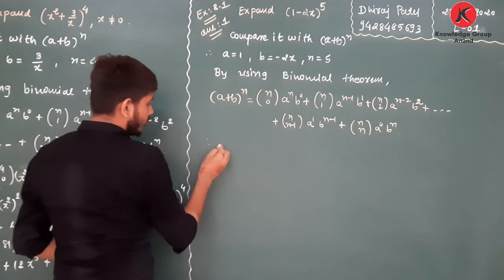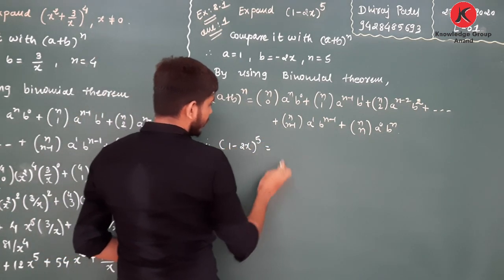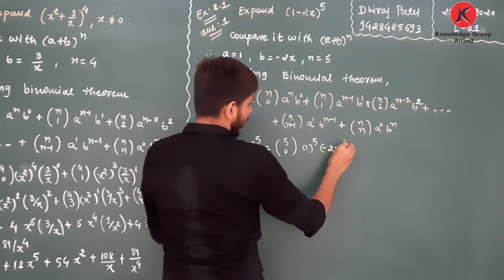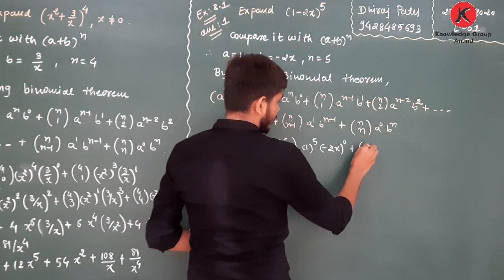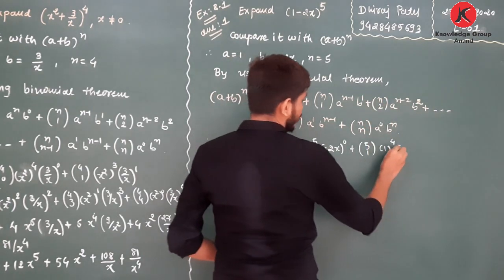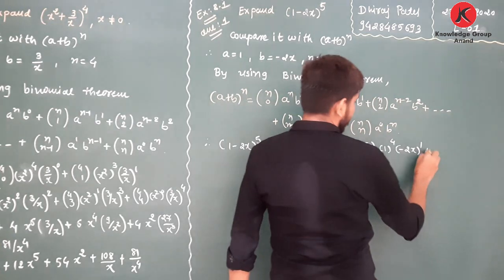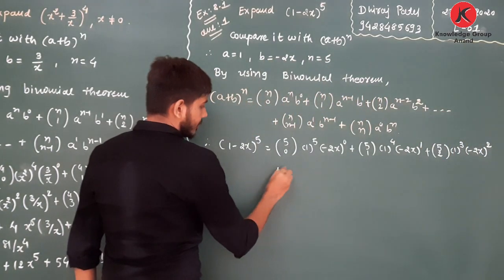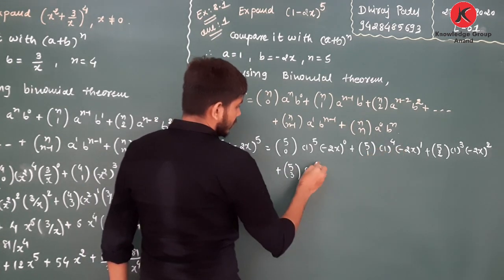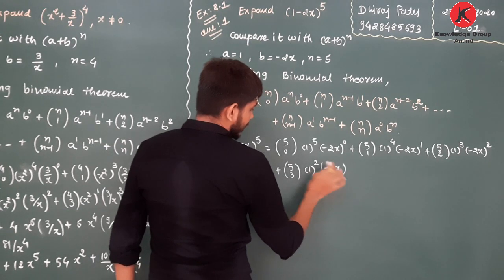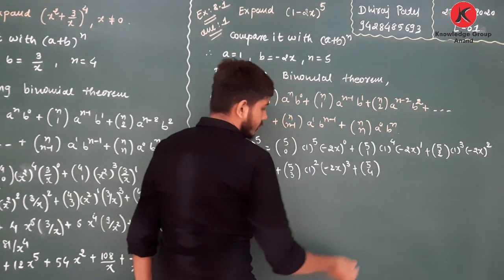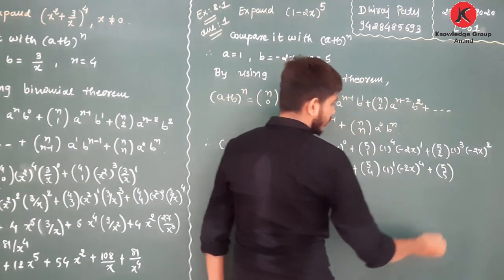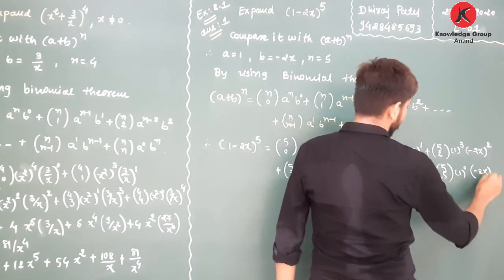Therefore, we are getting (1 minus 2x) raised to 5 equals 5C0, 1 raised to 5 into (minus 2x) raised to 0, plus 5C1, 1 raised to 4 into (minus 2x) raised to 1, plus next step 5C2, 1 raised to 3 (minus 2x) raised to 2, plus 5C3 1 raised to 2 into (minus 2x) raised to 3, plus 5C4 1 raised to 1 into (minus 2x) raised to 4, plus 5C5 1 raised to 0 into (minus 2x) raised to 5.